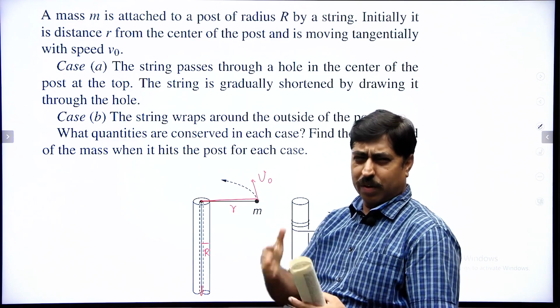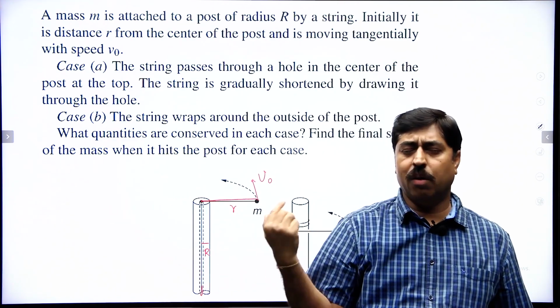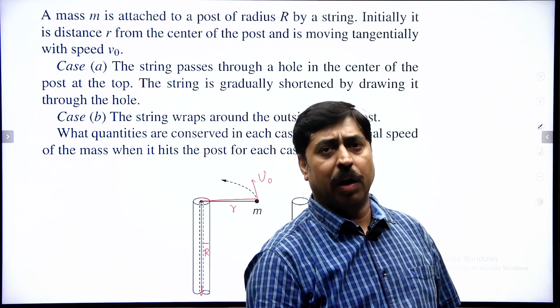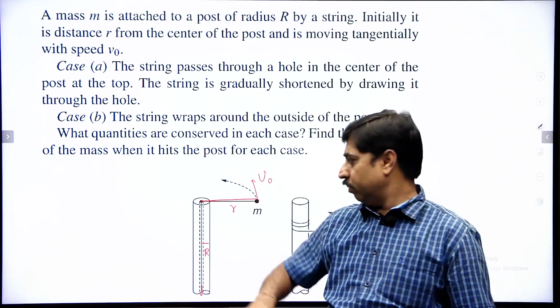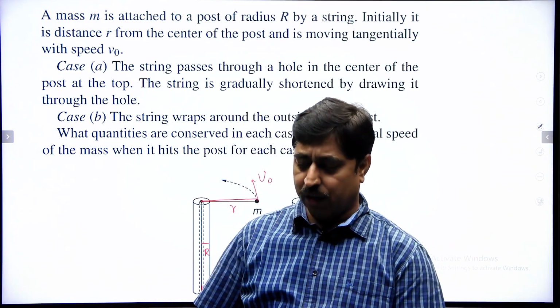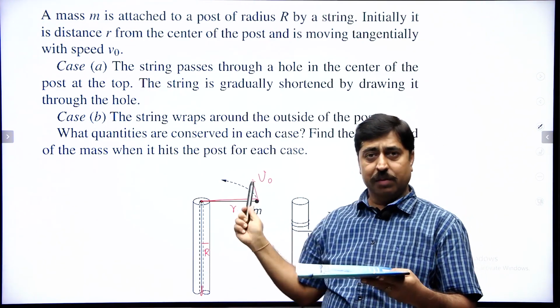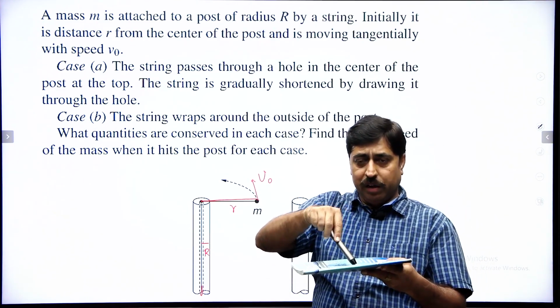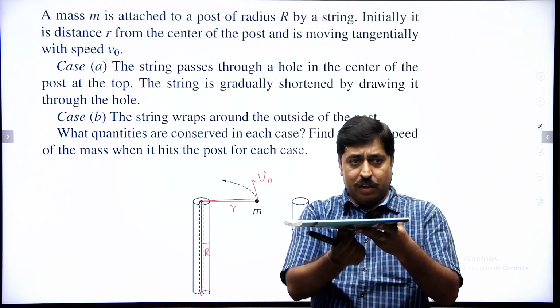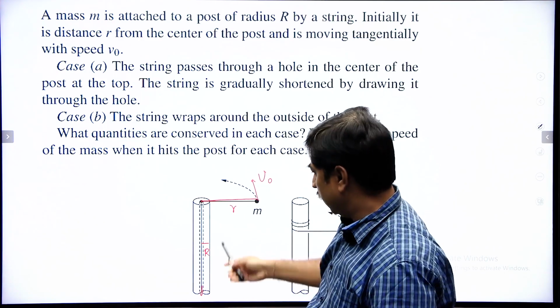For simplicity, just imagine that this mass is going in a circle on a horizontal smooth table. Forget about the effect of gravity. There is a tabletop, and this mass is going in a circle of radius r initially with speed v naught. There is a small hole here. The string comes here, and you can draw the string down through this hole. So, this is the first situation.